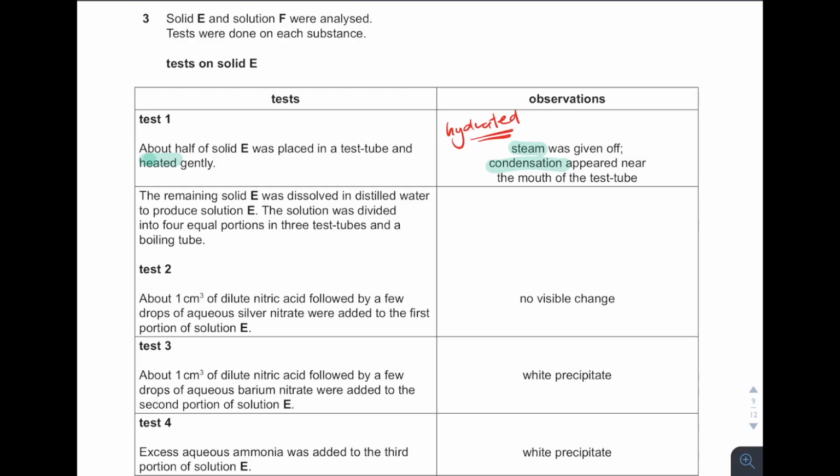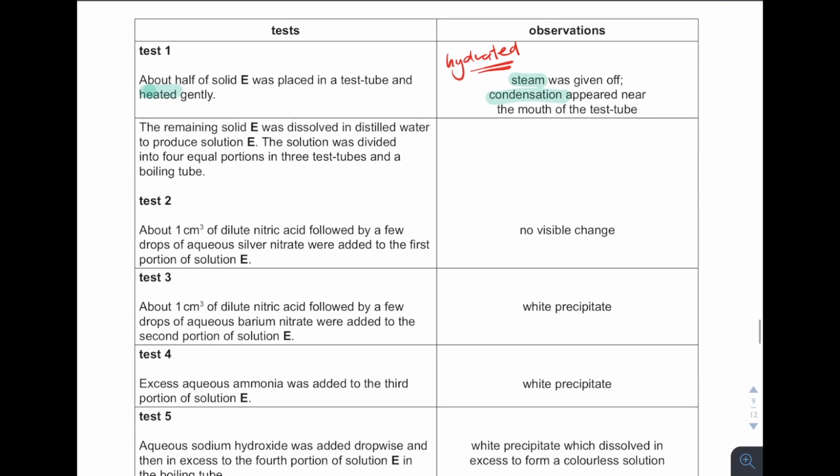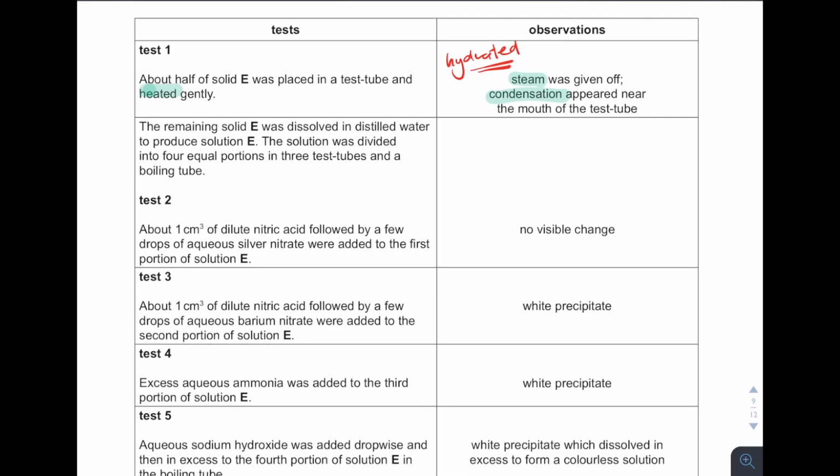Then it was tested with acid followed by silver solution. Remember, every single time you see silver solution, 100% they are testing for halide ions. But the observation is no visible change, which means there are no halide ions, no group 7 ions.